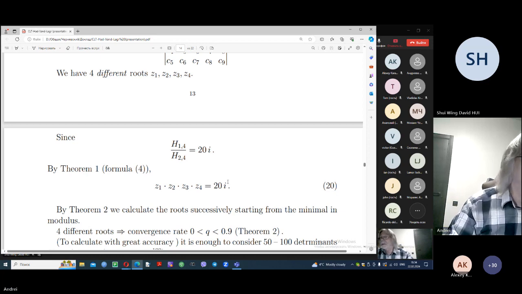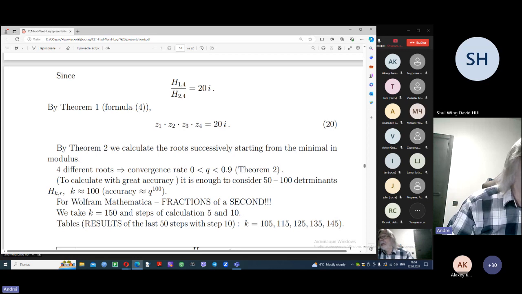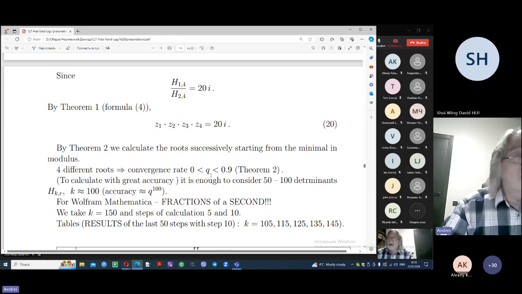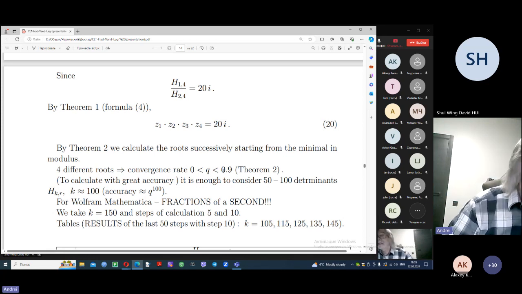Now we can guess the rate of geometric convergence, but in fact it is not necessary. Of course we can guess. There are 4 different roots, and the ratio between them is quite possibly less than 0.9. So it's not important.